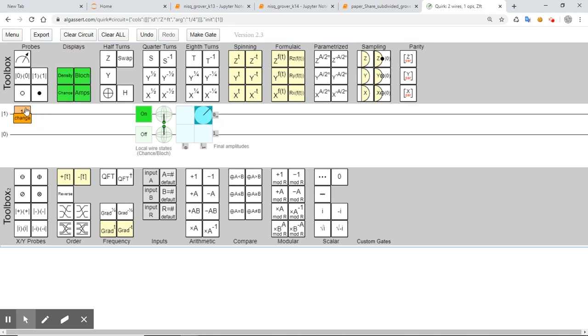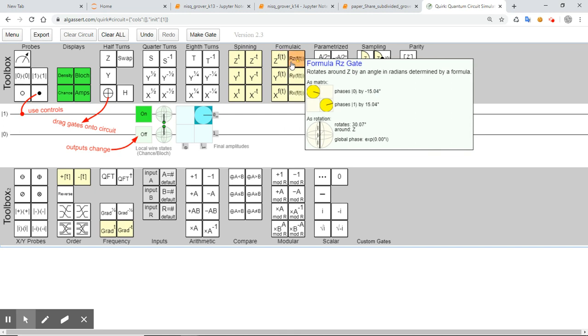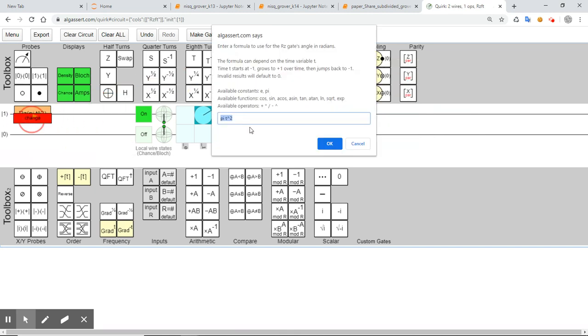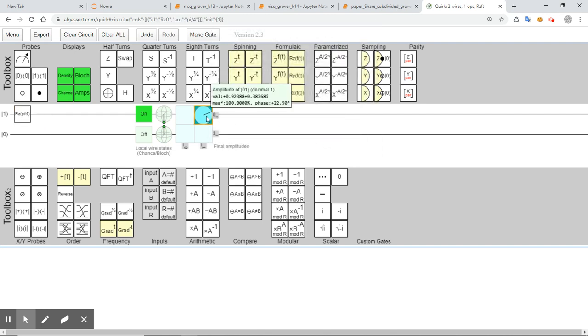If instead I use an RZ and rotate it pi divided by 4, it's 22.5 degrees of phase, plus 0.9 plus 0.38 i.